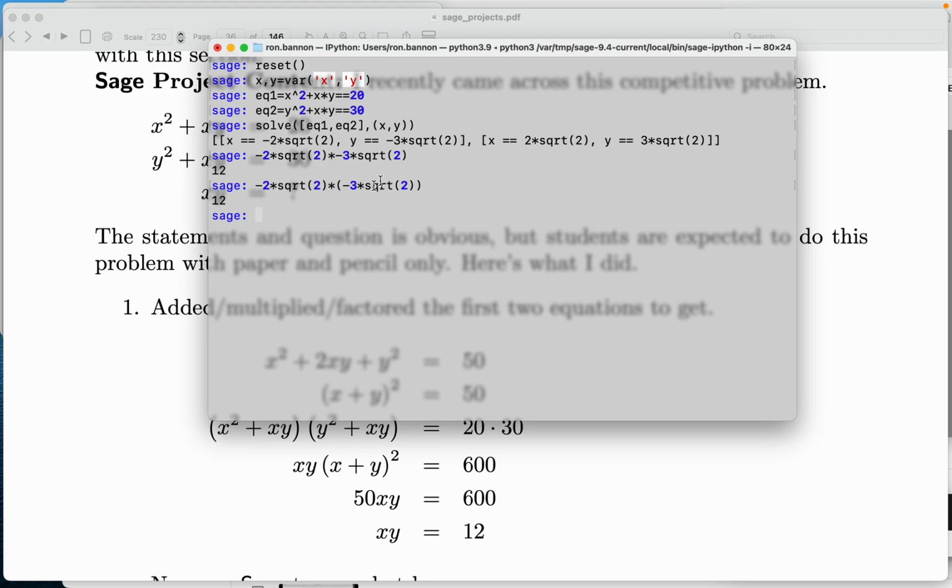You get the idea, you get 12. I could do this one over here. By the way, I don't need parentheses on the other one because there's no minus sign over there. I'm still going to get 12, by the way.